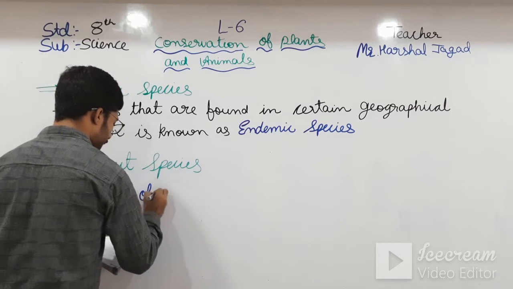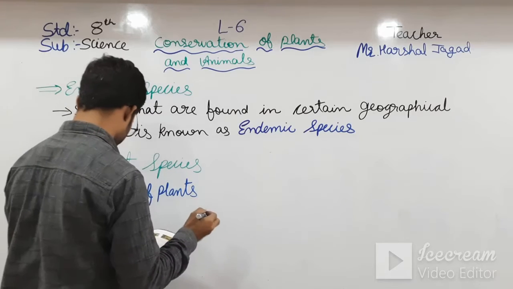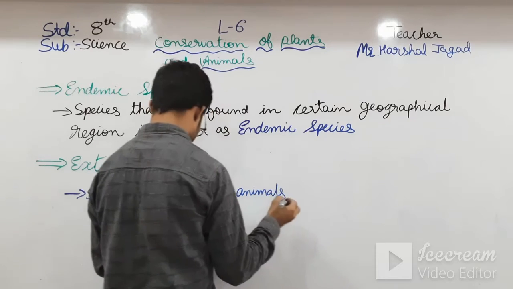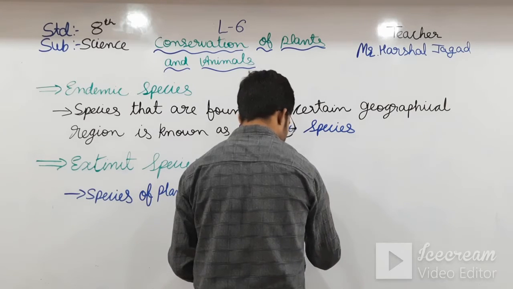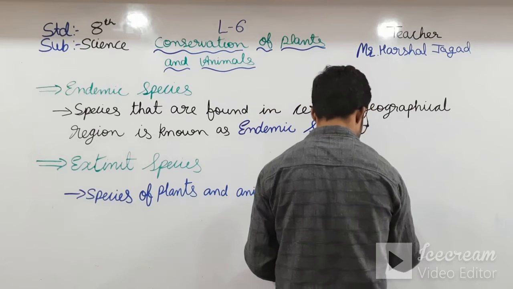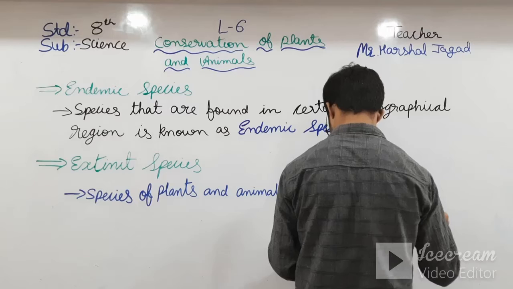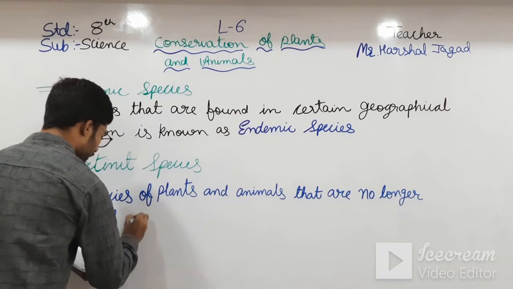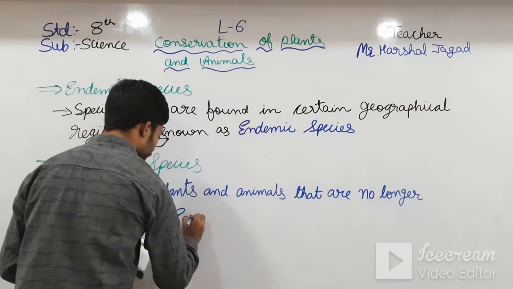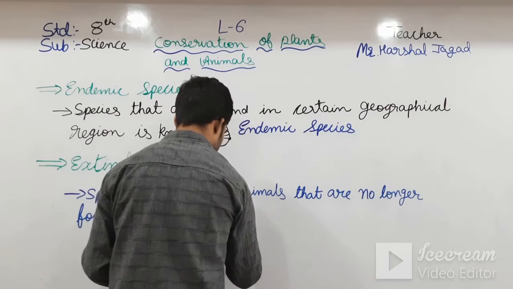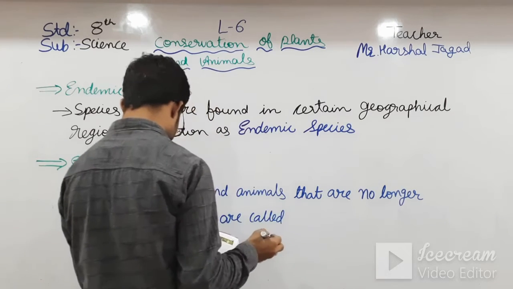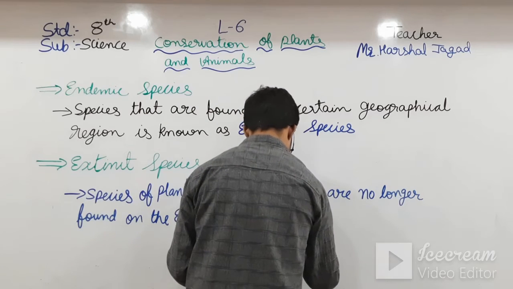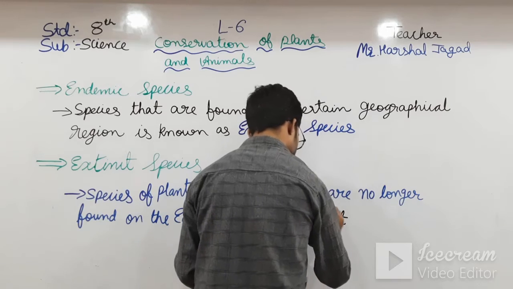Species of plants and animals no longer found on earth are called extinct species.